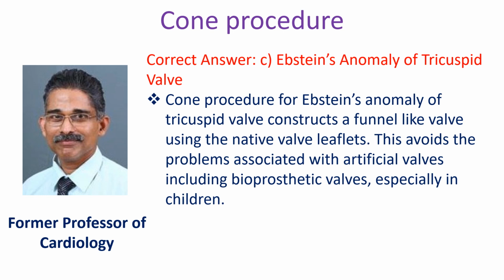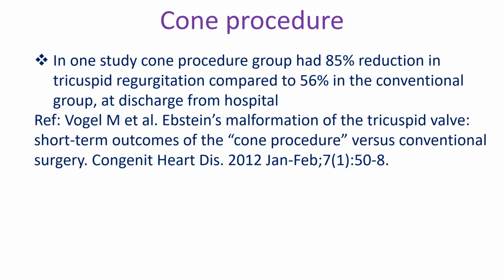Cone procedure for Epstein's anomaly of tricuspid valve constructs a funnel-like valve using the native valve leaflets. This avoids the problems associated with artificial valves, including bioprosthetic valves, especially in children. In one study, cone procedure group had 85% reduction in tricuspid regurgitation compared to 56% in the conventional group at discharge from hospital.